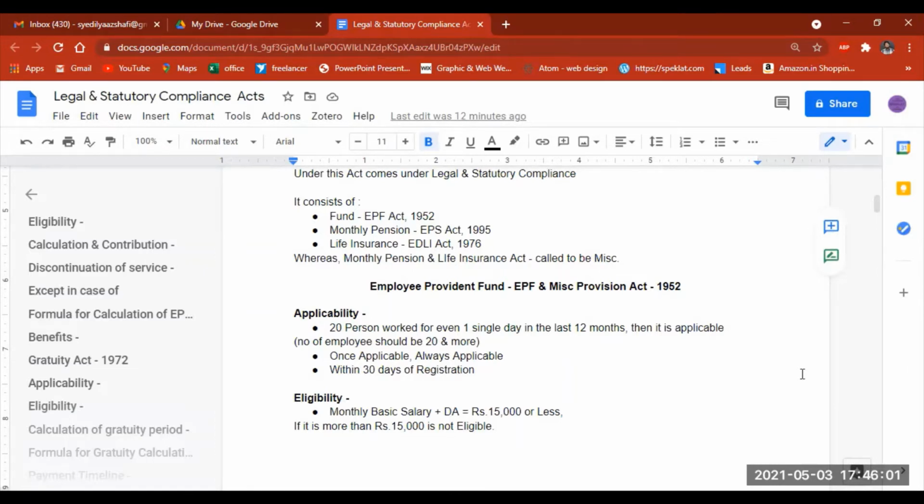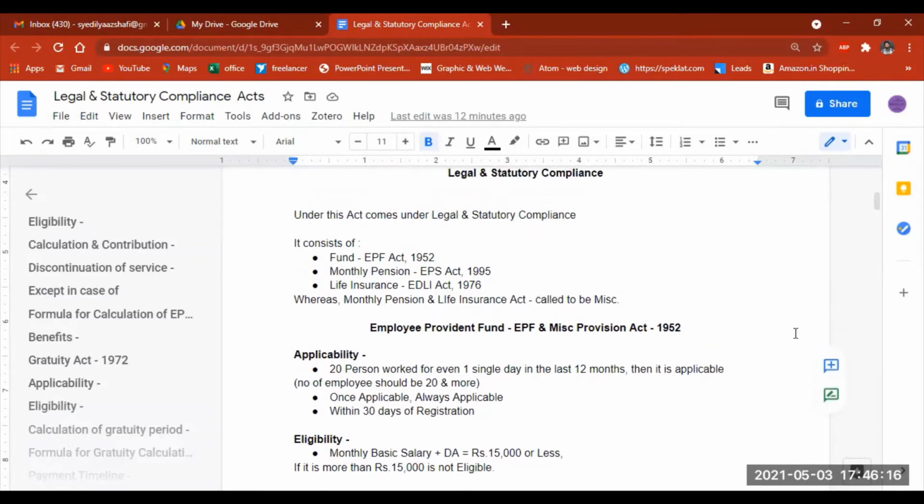The monthly pension and life insurance acts are known as the Miscellaneous Provident Act, which is why we call this legal and statutory compliance.